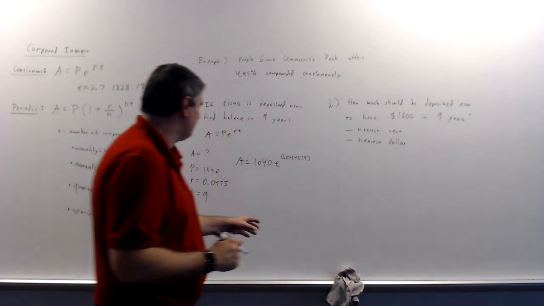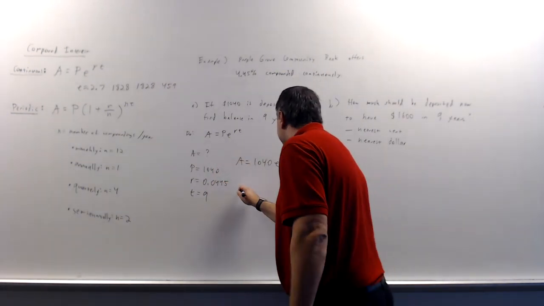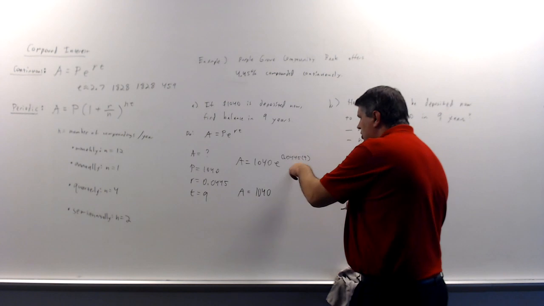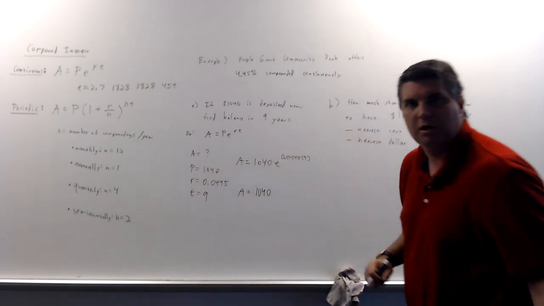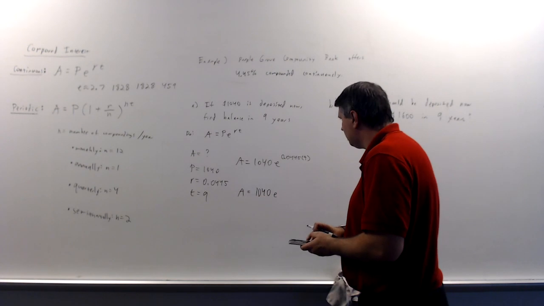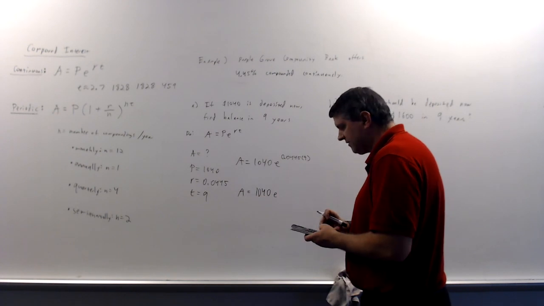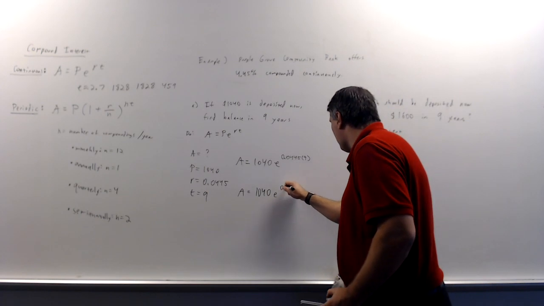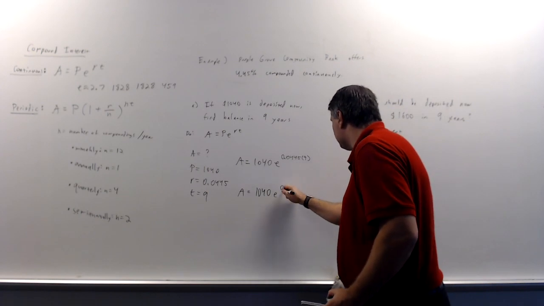Okay? Every calculator handles this differently, so what I would recommend you do is multiply this out. So leave the e. 0.0445 times 9 is 0.4005.